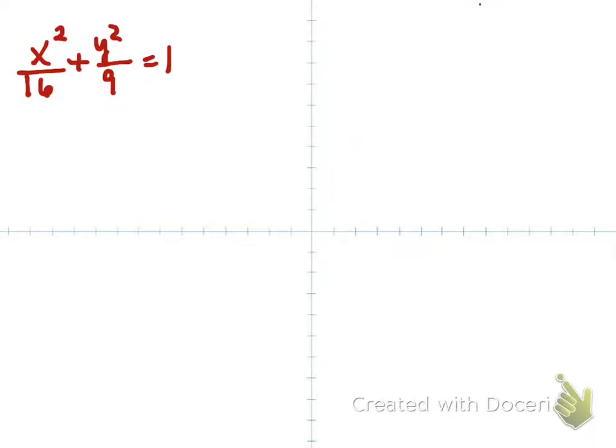Okay, here's another example. x squared over 16 plus y squared over 9 equals 1. Again, your center is at 0, 0. You're going to go 4 to the left and right, 3 up and down, because I'm taking the square roots: the square root of 16 is 4, 4 along the x. Square root of 9 is 3, 3 up and down on the y.